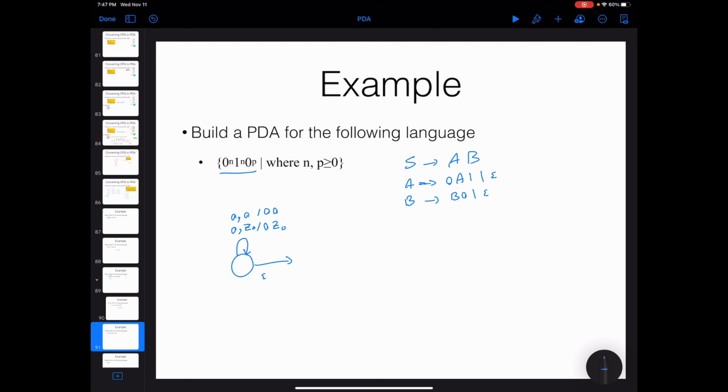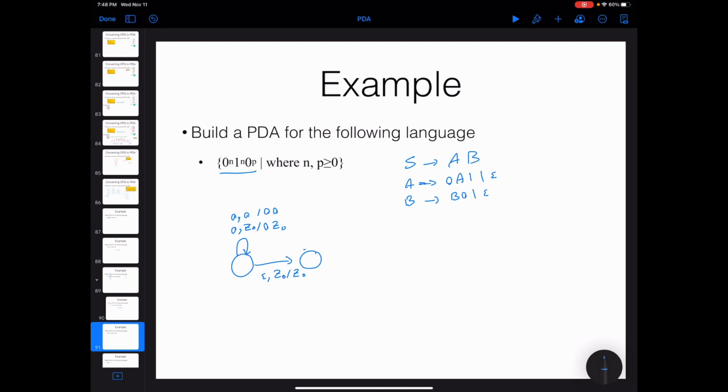For this one, you can create a deterministic pushdown automata as well, but just to make it easier, I'm creating a non-deterministic one. So if it is Z0, just keep Z0 and move to this state.